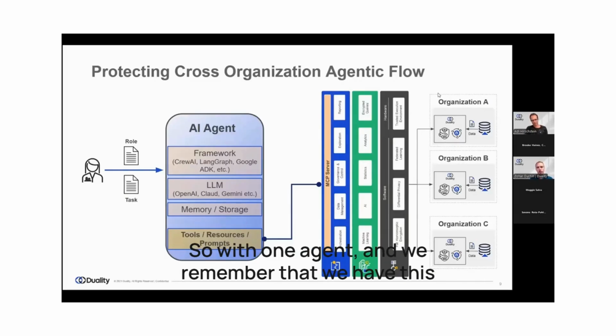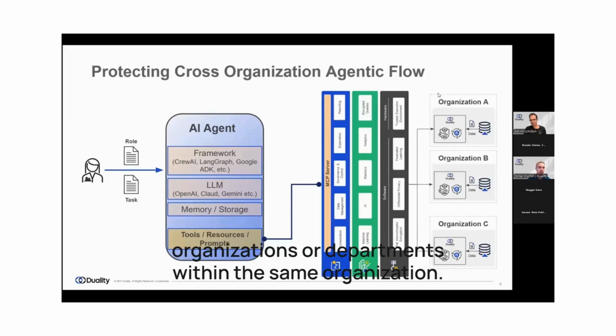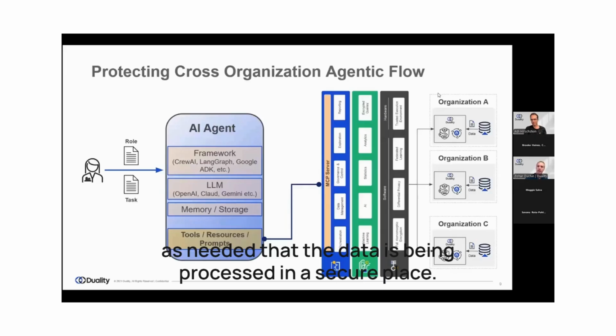So with one agent, we remember that we have this issue of accessing sensitive data between different organizations or departments within the same organization. So we need a way to make sure that things are being governed as needed, that the data is being processed in a secure place.